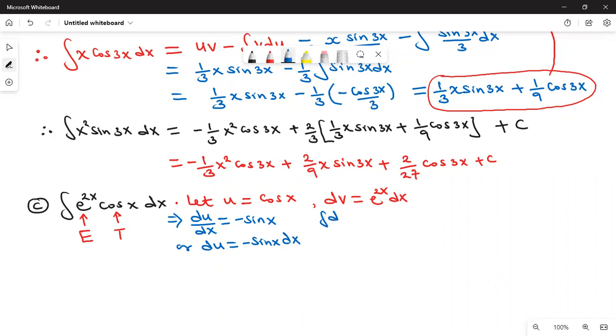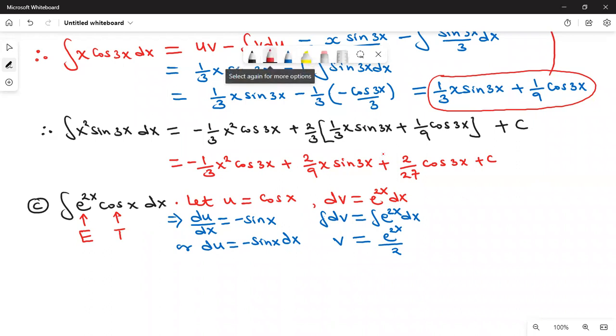Integrate dv on both sides, so integral of exponential 2x dx will give us v is equal to exponential 2x over 2. So now we go back to the parts formula, substitute u, v, du, and dv.